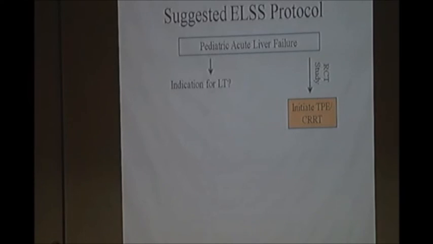But if you are not doing it as part of a study, then how do we proceed? I would say the first thing, we need to decide whether there is an indication for liver transplantation or not, because this question cannot be answered once you have taken patients up for therapeutic plasma exchange. If the indication is not clear, I would wait on any therapeutic plasma exchange. I would instead consider CRRT, because on CRRT we can still determine if the patient is improving or deteriorating.